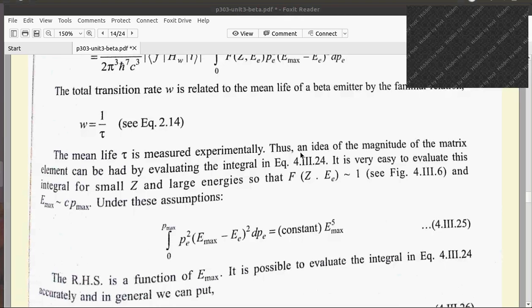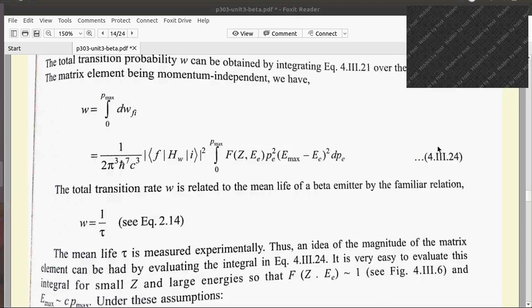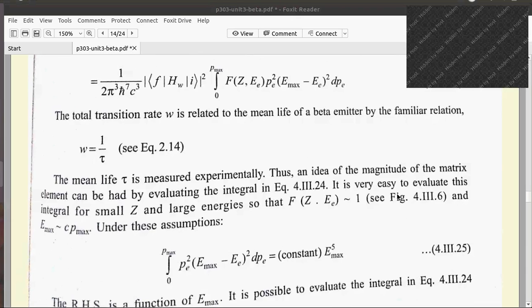Thus, an idea of the magnitude of the matrix element can be obtained by evaluating 4.24. It is very easy to evaluate this for small Z and large energies. So this expression is simple to solve if we consider Z to be small and the electron energies to be very large.